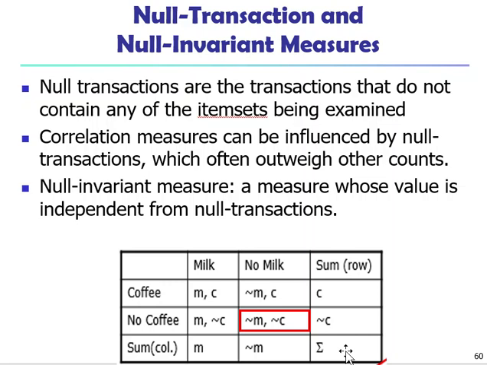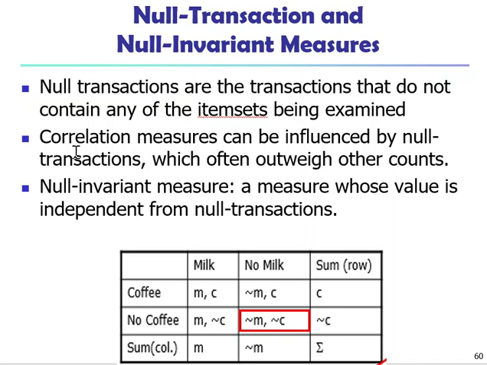So the correlation measures that we have examined, both lift and chi-square, are influenced by this box or this box. So those correlation measures actually are influenced by non-transactions.